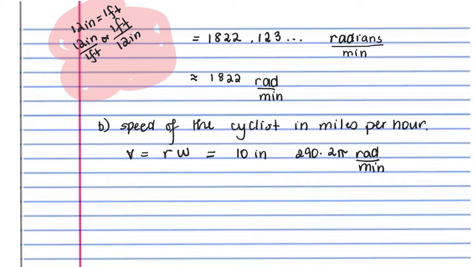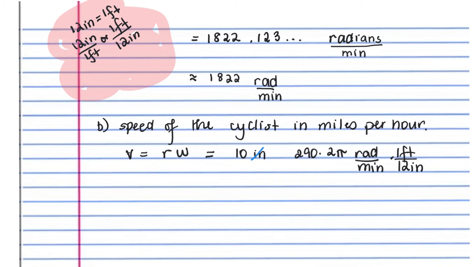Now I want to cancel the inches. The inches are written in the numerator, and the only thing in the denominator is minutes, so I want to use the ratio that has inches in the denominator. I'm going to multiply by 1 foot over 12 inches, and that will cancel the inches.